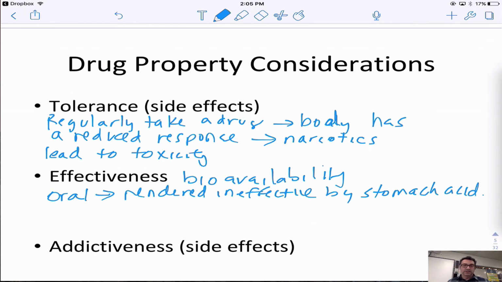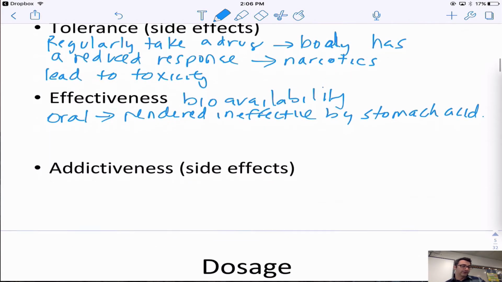A lot of times, especially for migraine headaches, they'll have a form of the drug that you can take with a needle. So you could inject yourself with the drug, and it will bypass the digestion in the stomach. If you're nauseous and you can't take the drug that way because you may throw it up, you may have to take it intravenously. Generally, if you were to take a drug intravenously, it's always going to have a higher effectiveness. And then the last thing to consider is addictiveness and side effects.